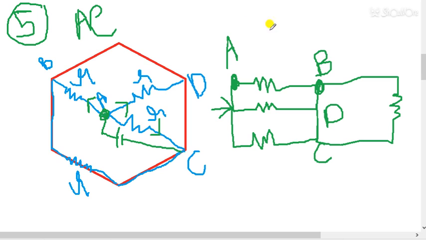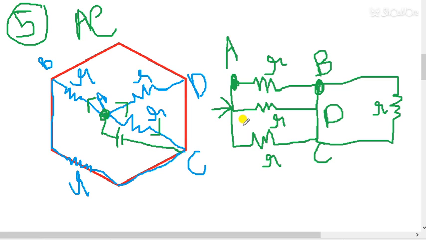Potential at point B is the same as point D. Almost we have done this question. This is R, this is also R, this is also R, and this is R.